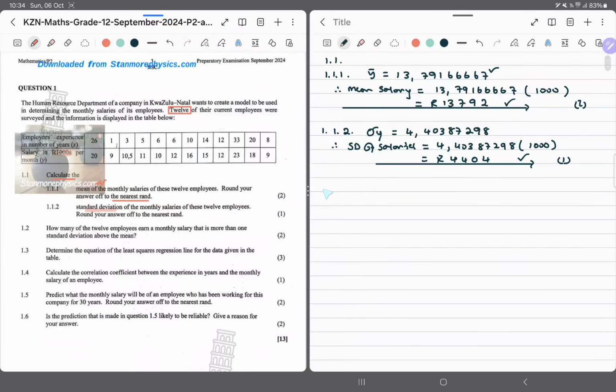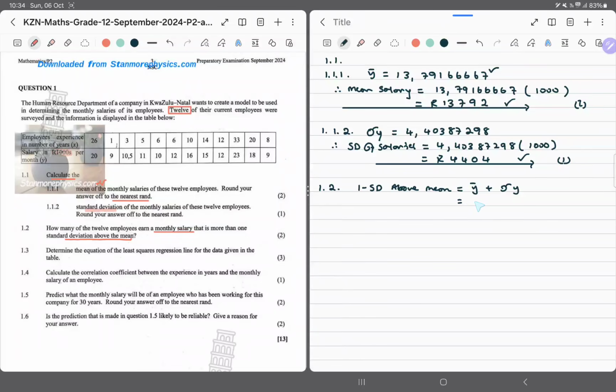So 1.2. We are asked a question: how many of the 12 employees earn a monthly salary that is more than 1 standard deviation above the mean? So all we want is 1 standard deviation above mean, which is going to be the mean plus the standard deviation.